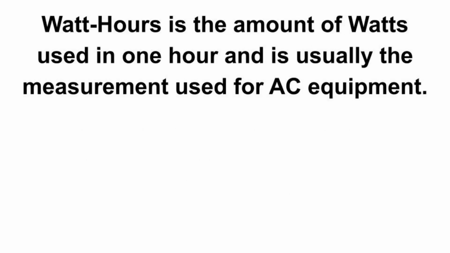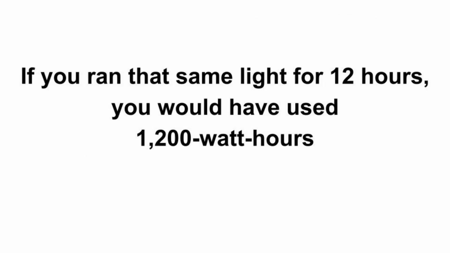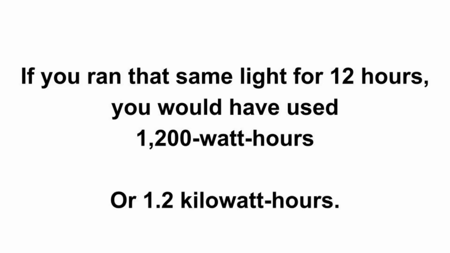Watt hours is the amount of watts used in 1 hour and is usually the measurement used for AC equipment. A quick example would be if you ran a 100-watt incandescent light for 1 hour, you would have used 100 watt hours. If you ran that same light for 12 hours, you would have used 1200 watt hours or 1.2 kilowatt hours.